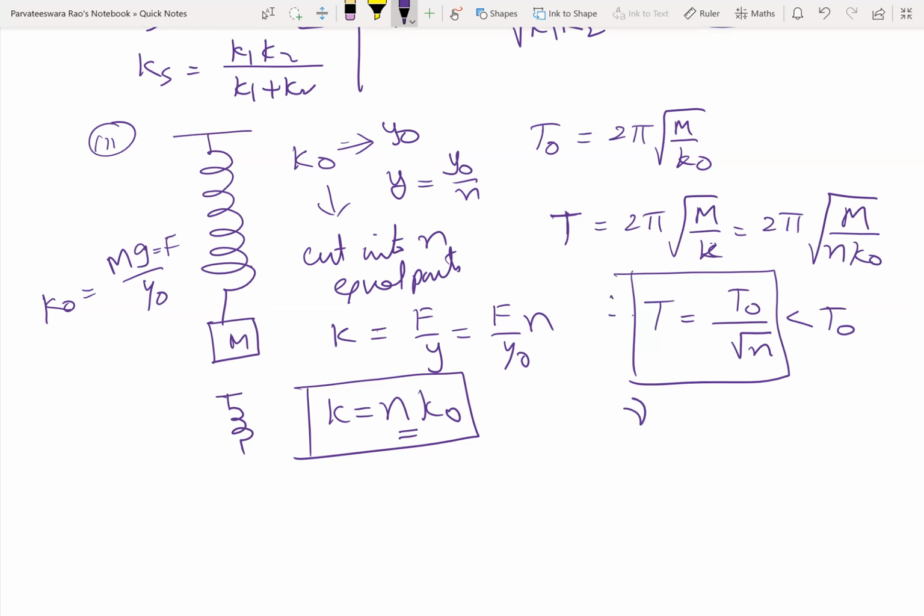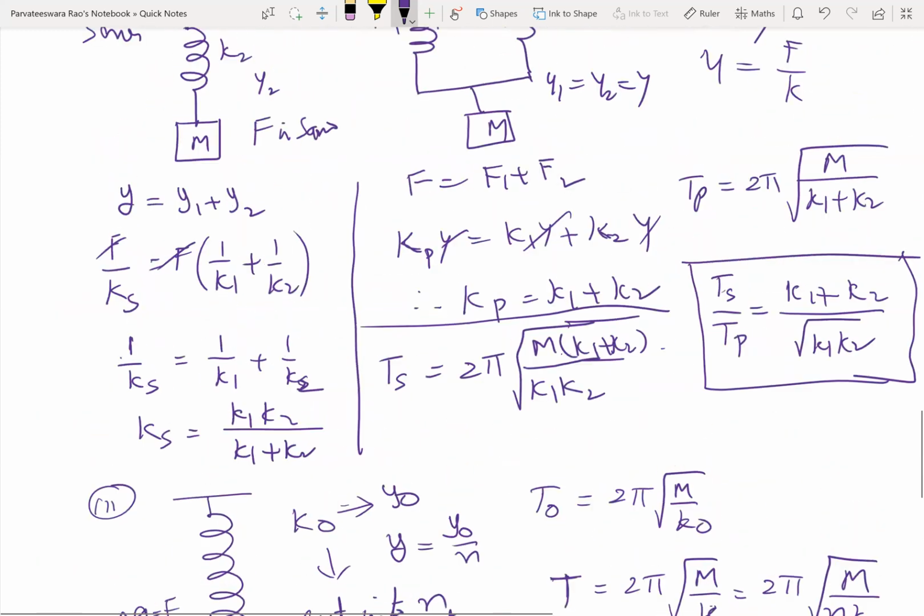Means frequency is more than the original frequency. The frequency of oscillation of the portion of the spring cut from the given spring will be more than the actual spring. You can expect some questions like this.